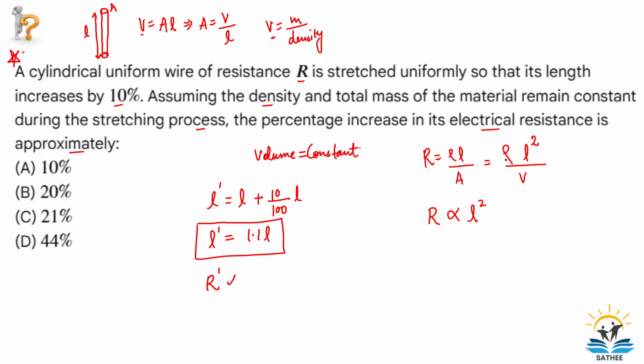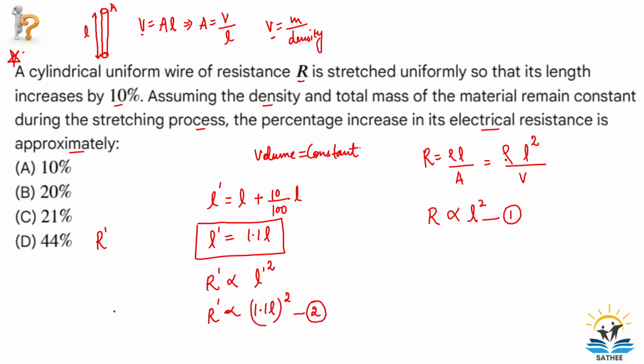New resistance is proportional to L prime square, which is proportional to (1.1 L) square. That is the second equation. So find R prime from here.